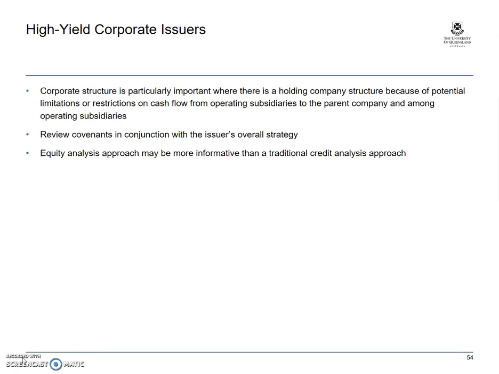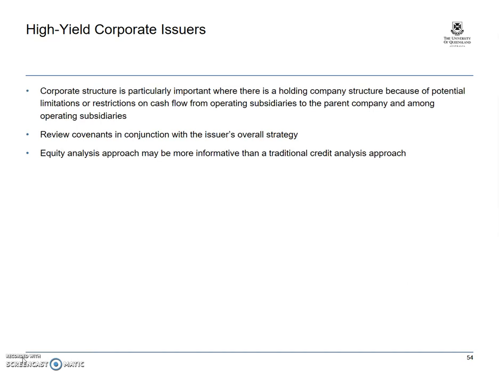If we've got companies that are of high risk, then understanding the ability of the firm to move cash between its different entities will obviously be very important. You'd also want to review the covenants quite well, to really make sure you understand how you can protect yourself.